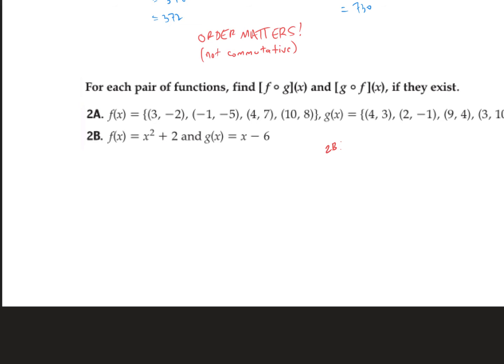So if I wanted to find f of g of x, the first thing I would do is rewrite it. Now we start with the x, and we're going to plug that into g of x. So literally g of x is x minus 6.